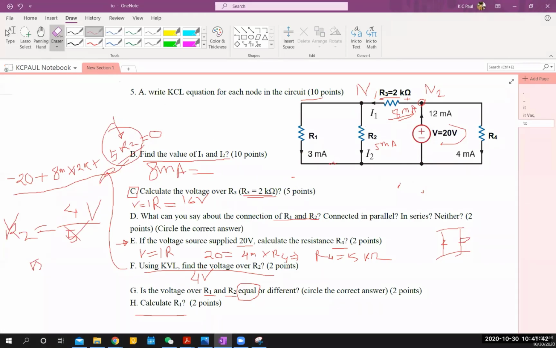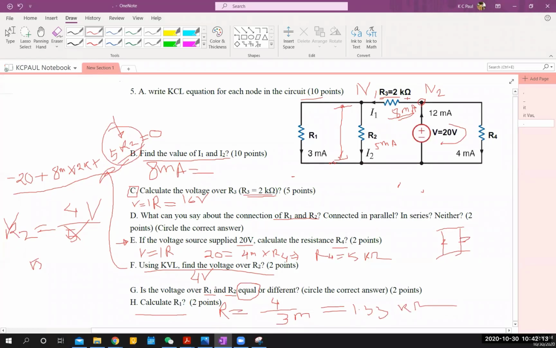Now, if you already know the voltage across these 2 points, what is the voltage here? 4 volts, right? So you know the voltage is 4 volts. So 4, and then the resistance. So R is equals to V over I, right? So I is 3 milliamps. So equals to 1.33 kilo ohm. This is also straightforward.